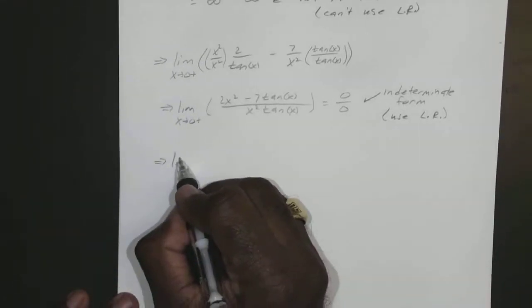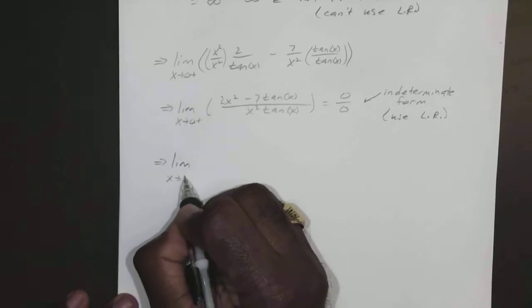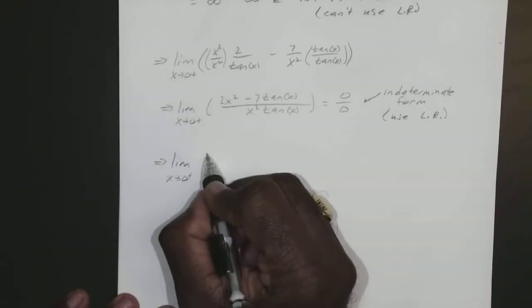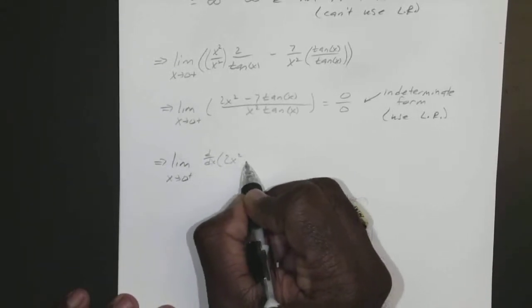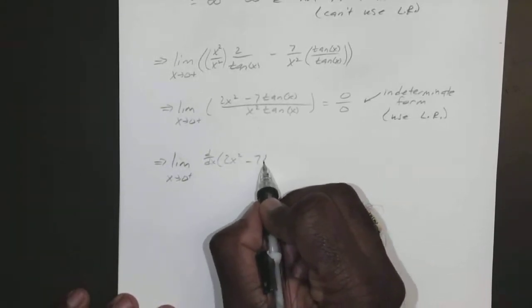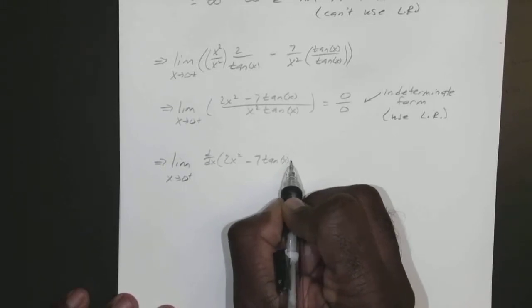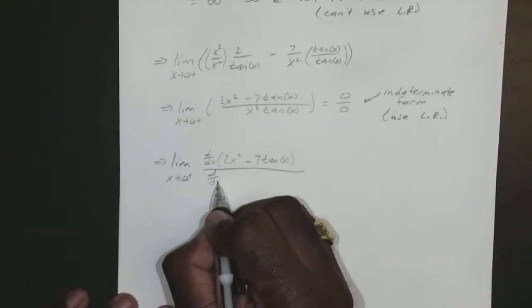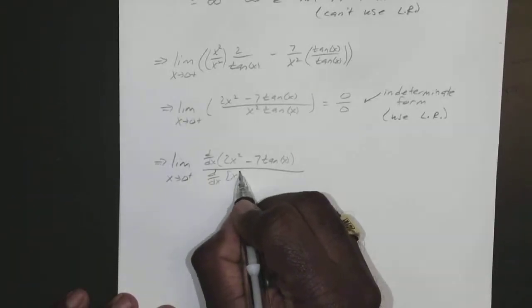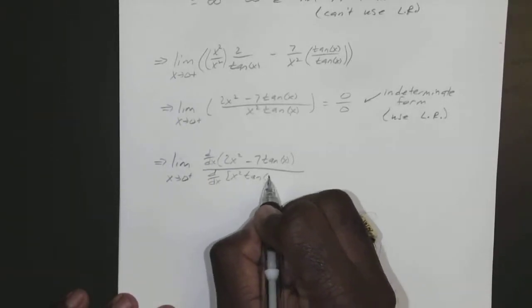Okay, so we have the limit as x approaches 0 from the right of the derivative of 2x squared minus 7 tangent of x, divided by the derivative of x squared tangent x.